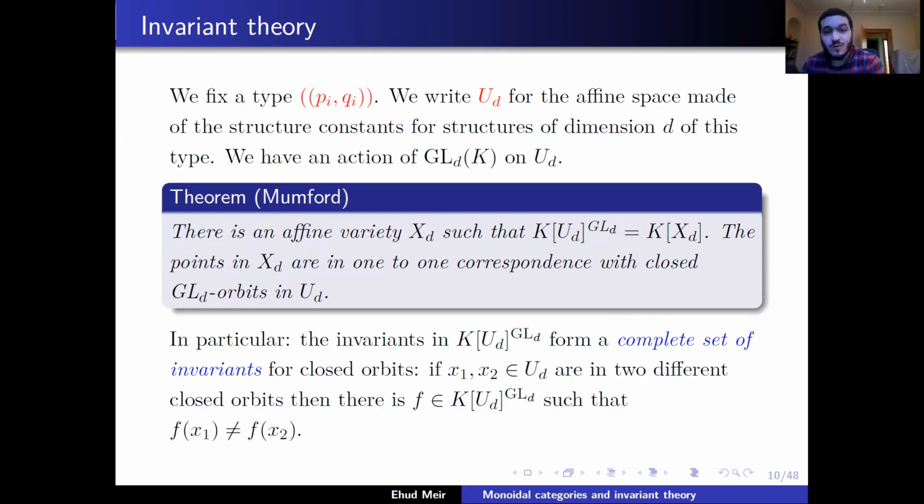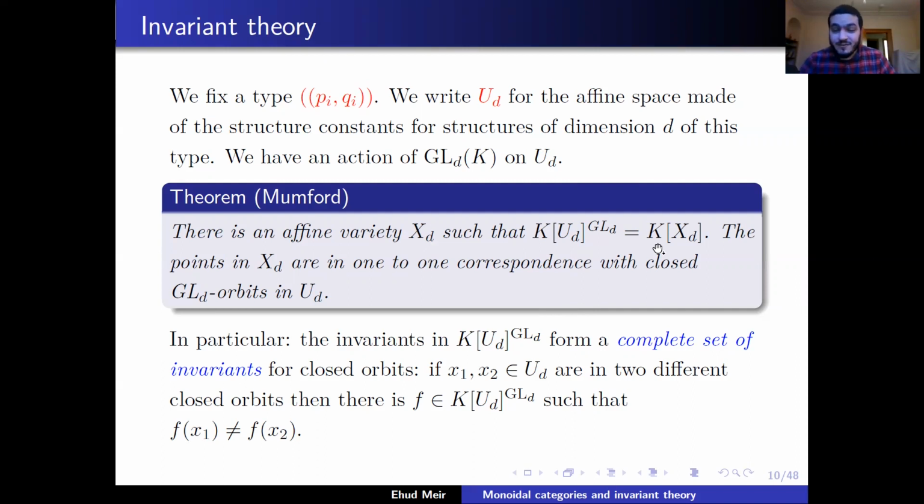Okay, so in particular, one way that we can think about it is that the invariants in K[U_d]^(GL_d) form a complete set of invariants for closed orbits. That is, if we have two points in two different closed orbits, then we have an invariant that separates them. Why, by the way, does it make sense that the ring of invariants arises here?